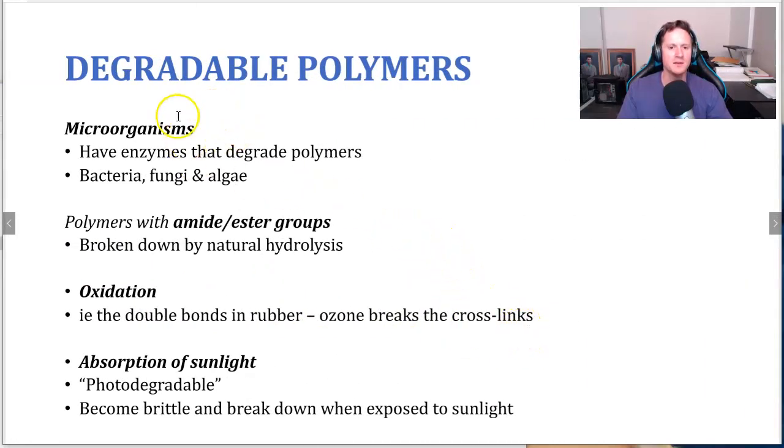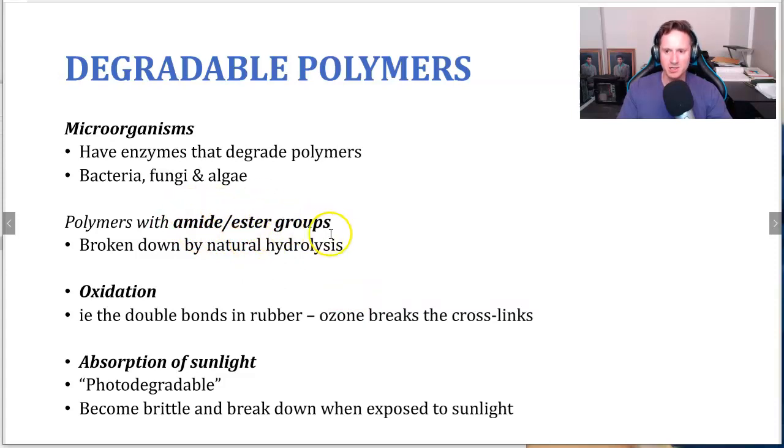So if we've got polymers that can be degraded by microorganisms, they contain enzymes that degrade polymers. Bacteria, fungi and algae are examples of these. So basically within them, they've got enzymes that work to break those down. If you've got polymers with amide and ester groups, that's broken down by natural hydrolysis. So we know that those are created via condensation reactions.